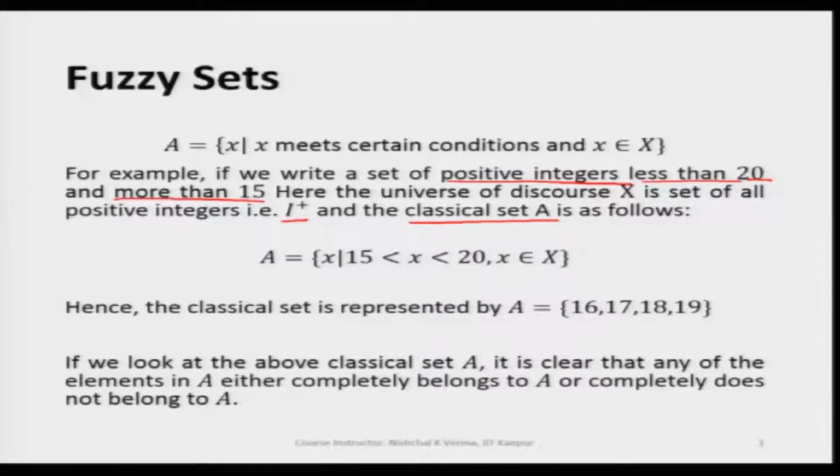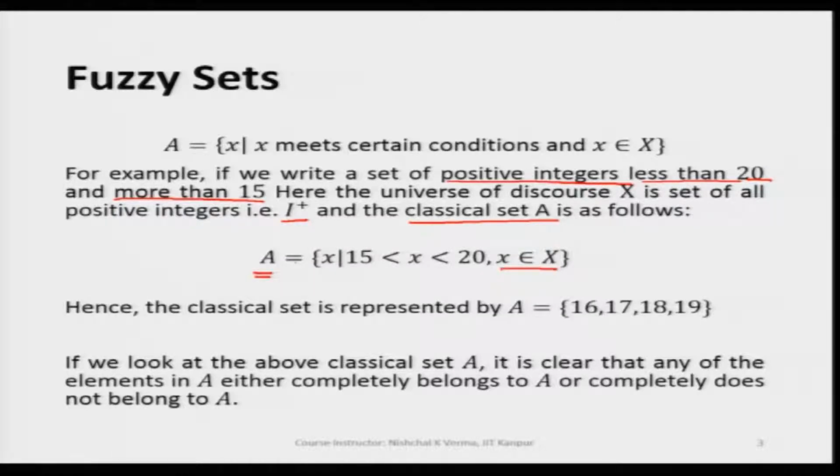So, A is equal to the collection of all the elements x satisfying the criteria that all the elements must be greater than 15 and less than 20, and as I mentioned earlier, x must be drawn from the universe of discourse.